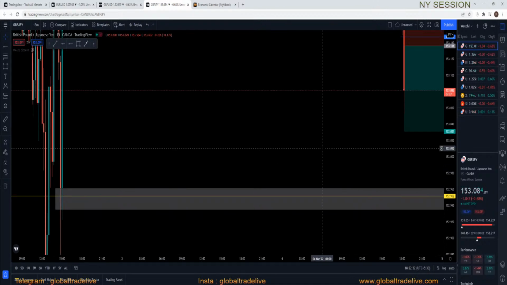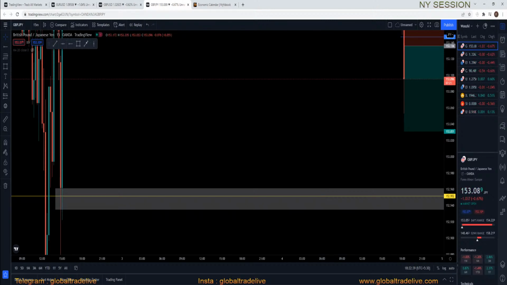So now if the price goes back to break even, I'm gonna close half, and if it just continues moving down, then that will be really great.